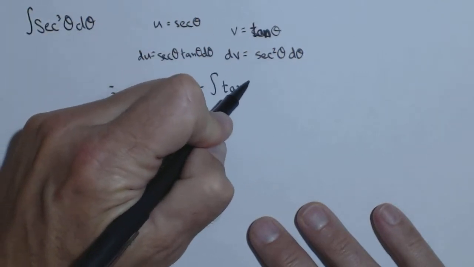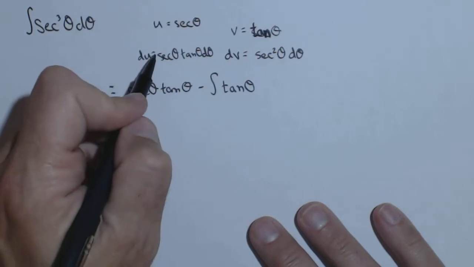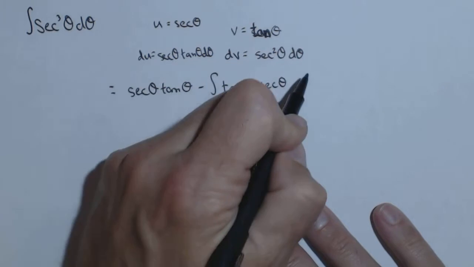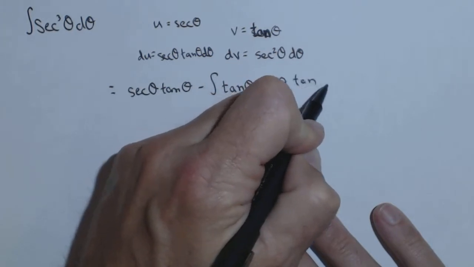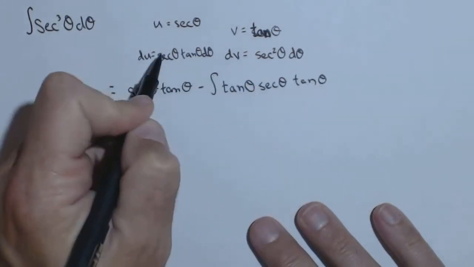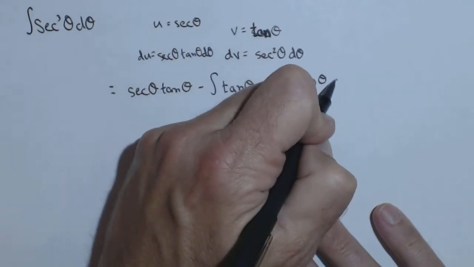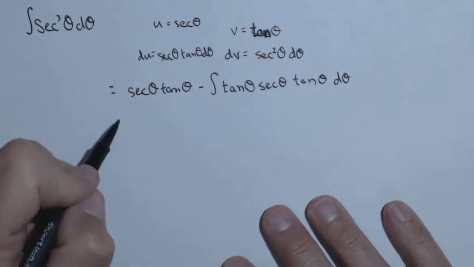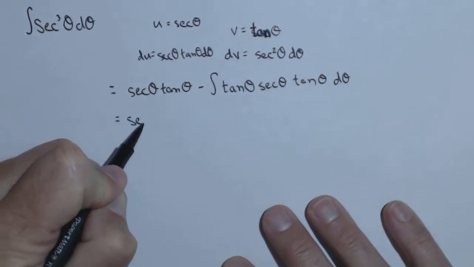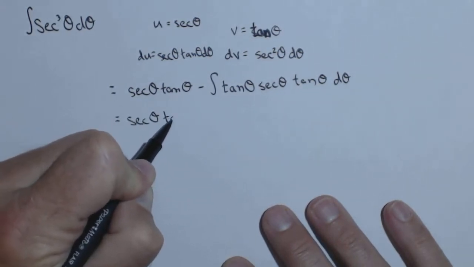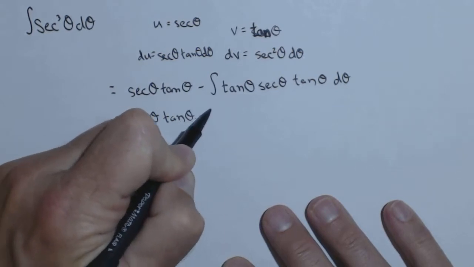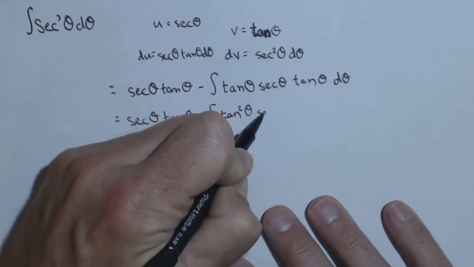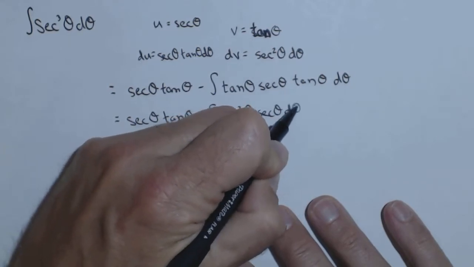So tangent theta times secant theta tangent theta d theta. Now we'll combine those tangents. So we have secant theta tangent theta minus the antiderivative of tangent squared theta secant theta d theta.